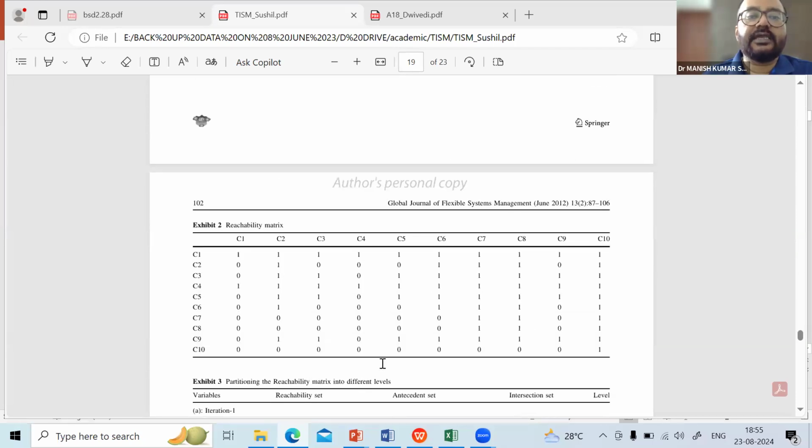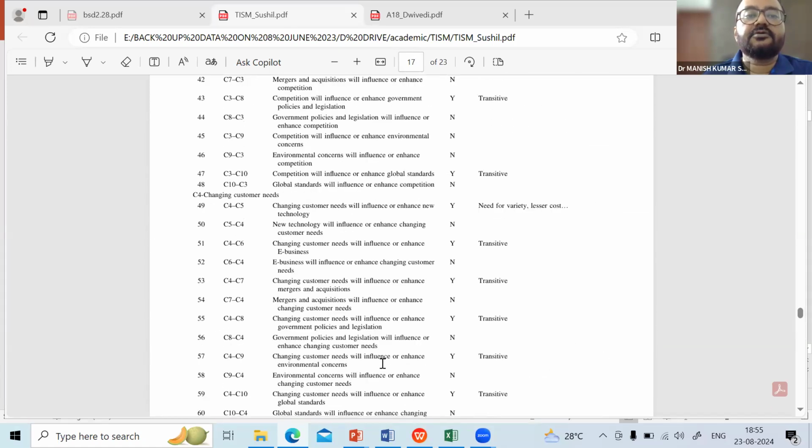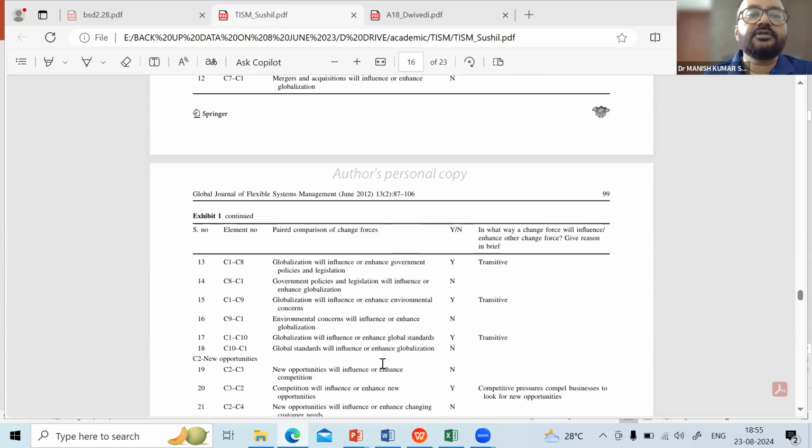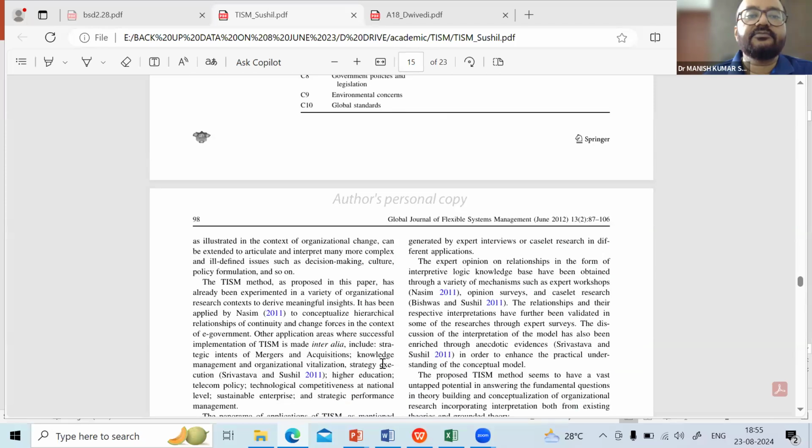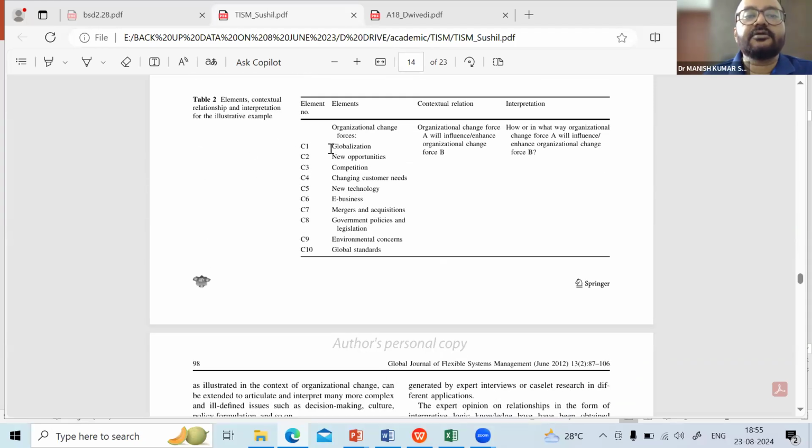So I'll just check here. When you go to the experts with some questions, what is the result? That C1 is impacting C4. So maybe globalization is impacting, see, if it is C4, changing customer needs.